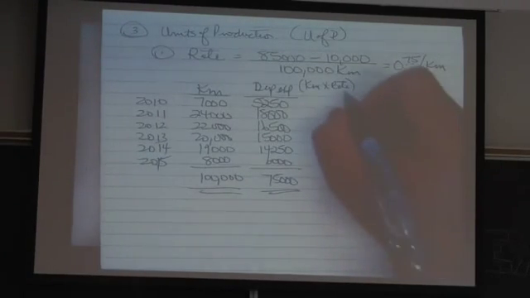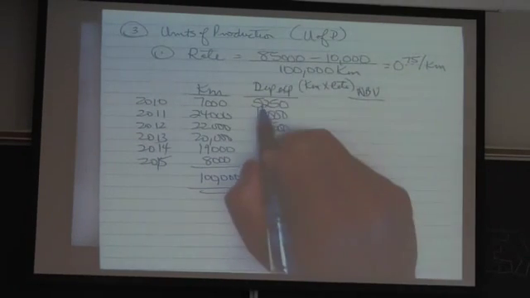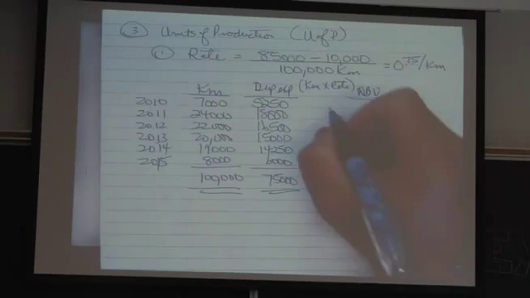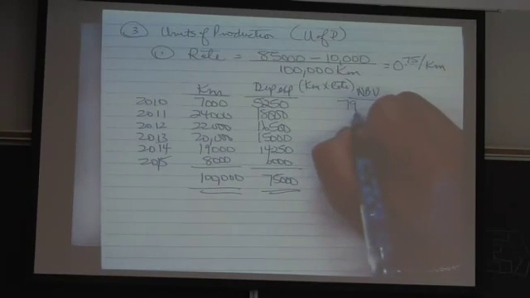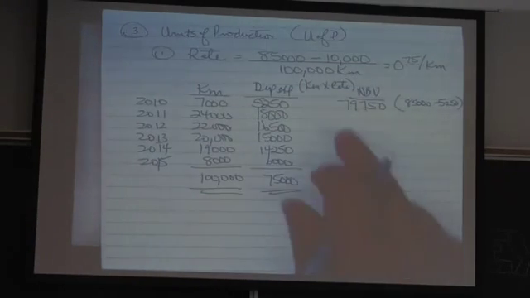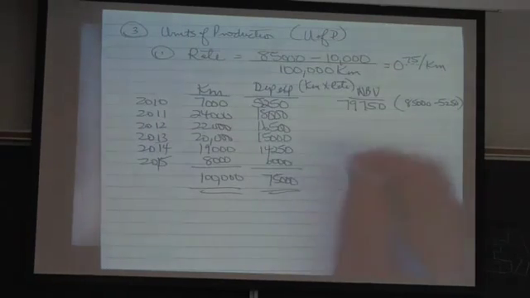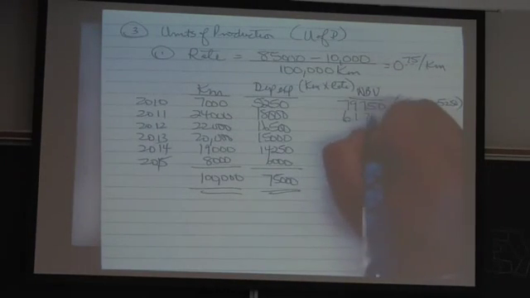And the net book value is going to be, take the 85,000 less the 5,250, which gives us 79,750. Let me just show you the first one. Then take the 79,750 less the 18,000 to give us 61,750.